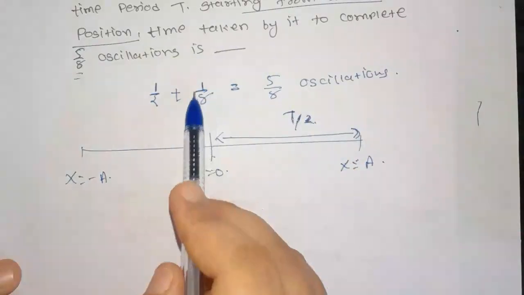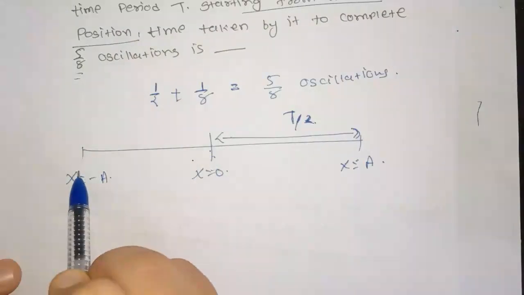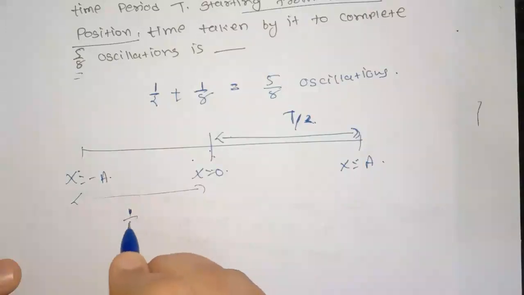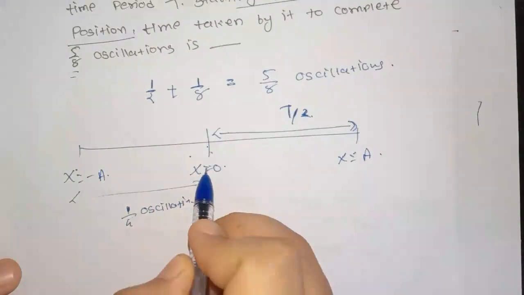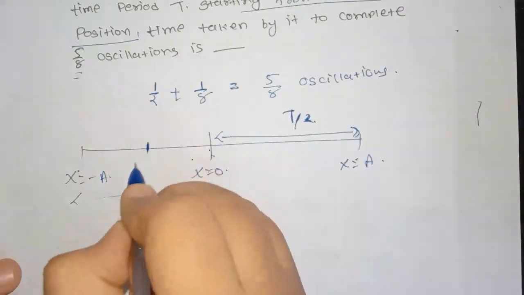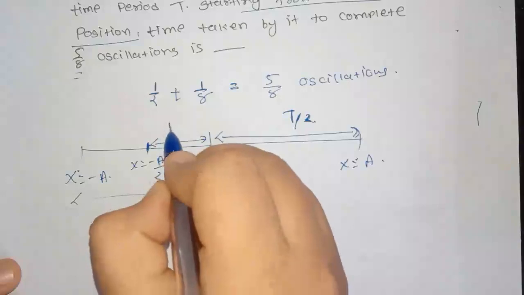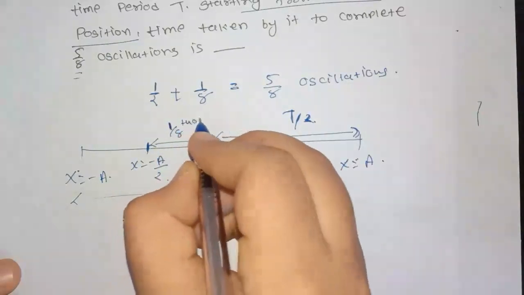Now, x is equals to 0 to x is equals to minus A is considered as 1/4 oscillation. So, x is equals to 0 to x is equals to minus A by 2 will be considered as 1 by 8 oscillation.